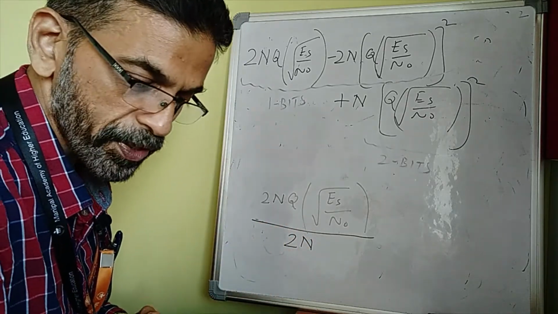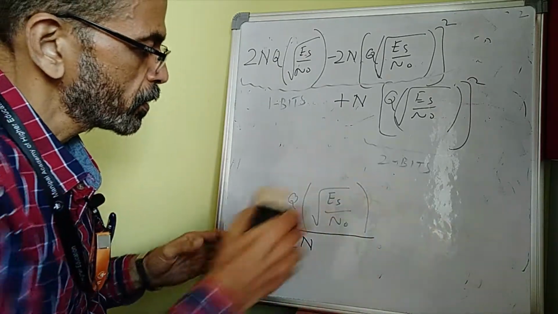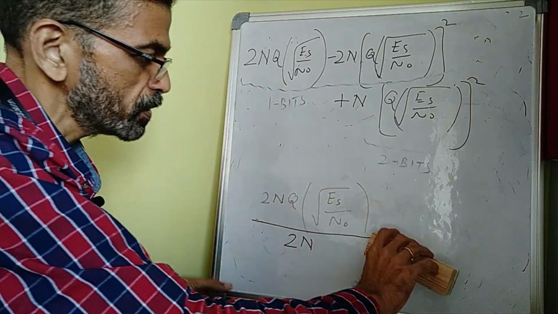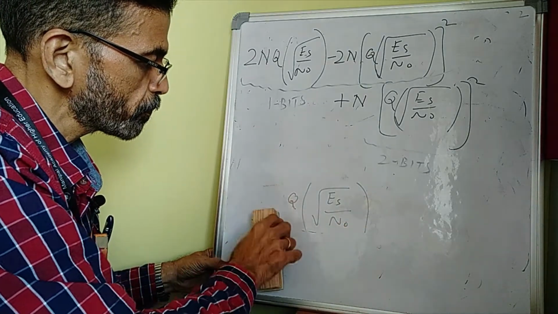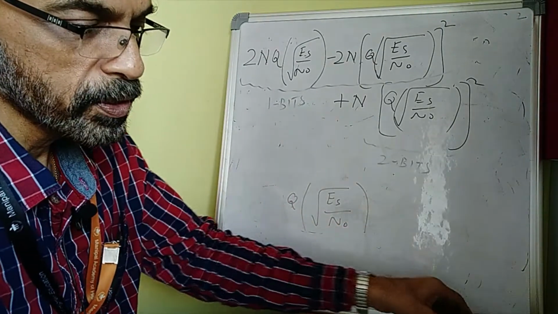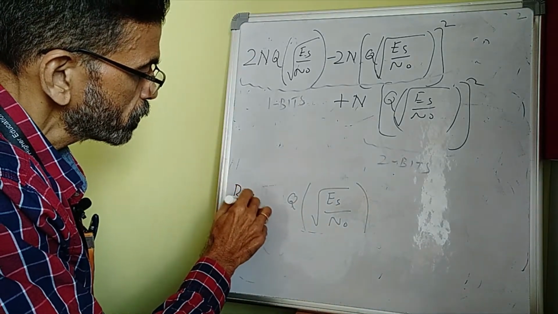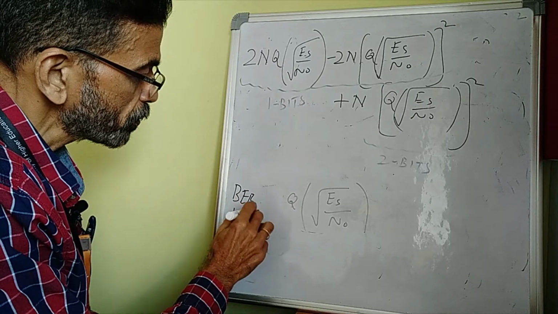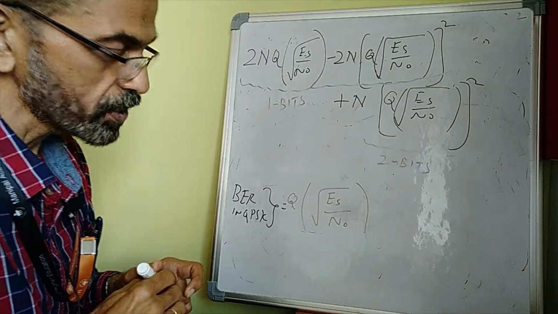A symbol is made up of a dibit, 2 bits, and this means that the bit error rate in QPSK is this. This is the bit error rate, or bit error rate of QPSK is this, Q(√(Es/N0)).